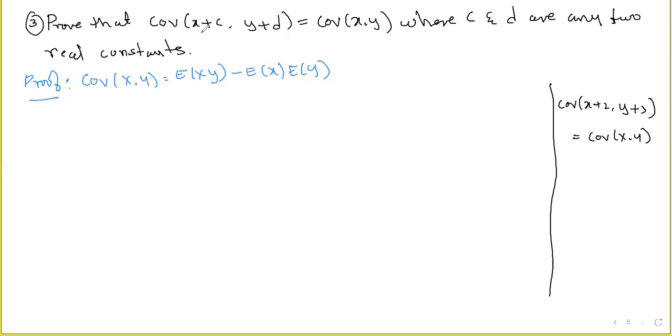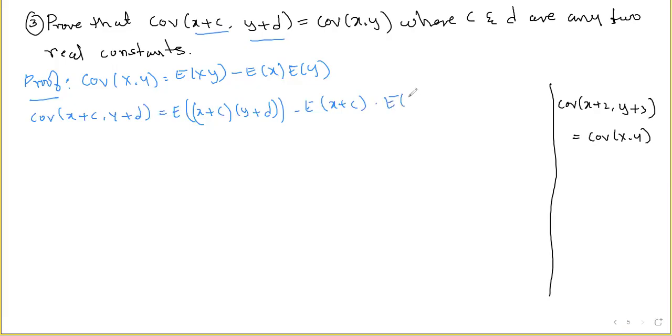Same, replace here x by x plus c and y by y plus d. So covariance of x plus c comma y plus d is equal to expected value of, instead of x what we have, x plus c, right, multiplied by y plus d, minus expected value of x plus c into expected value of y plus d, right? Instead of x and y we replaced x plus c and y plus d respectively.